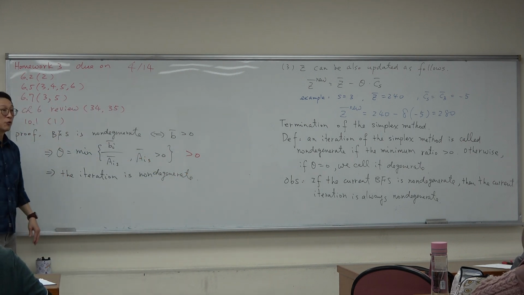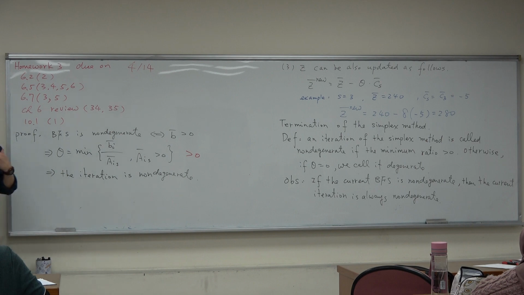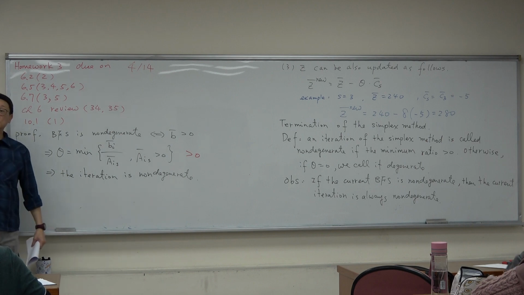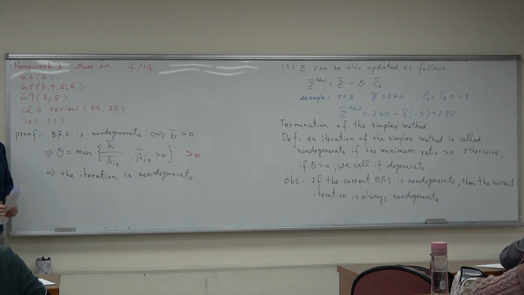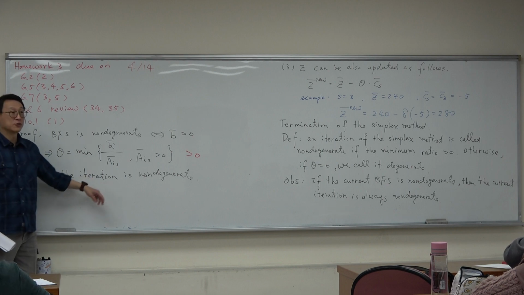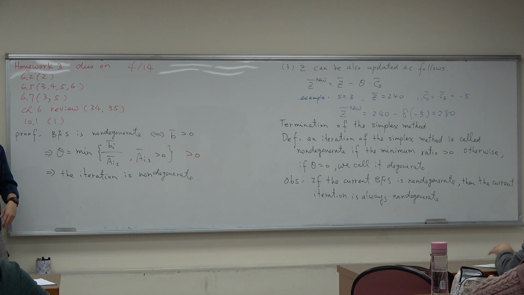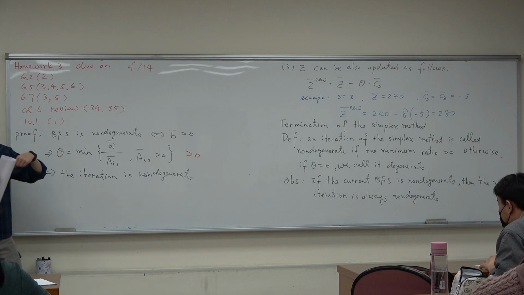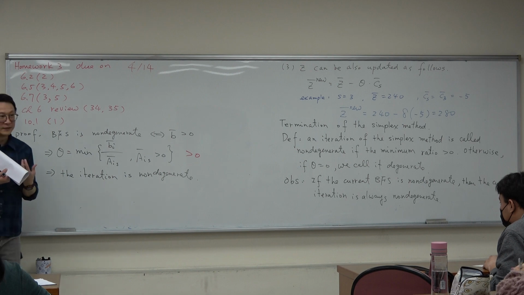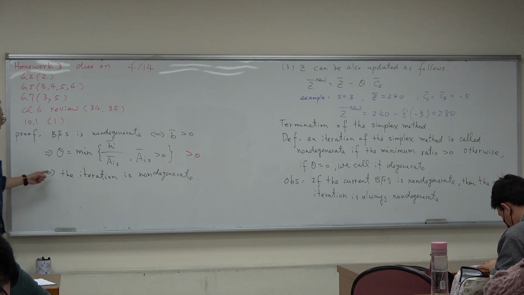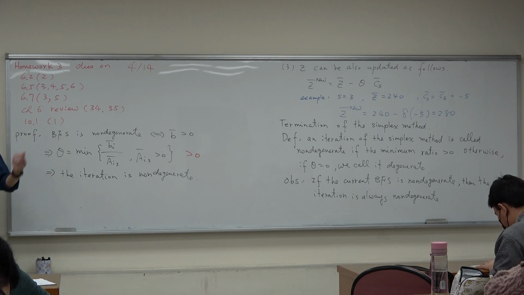The current iteration being non-degenerate means that when I enter a new basic variable, it always gives me a ratio greater than 0. So non-degenerate means that in the next step my z will improve, because theta is greater than 0. So the z value will increase.